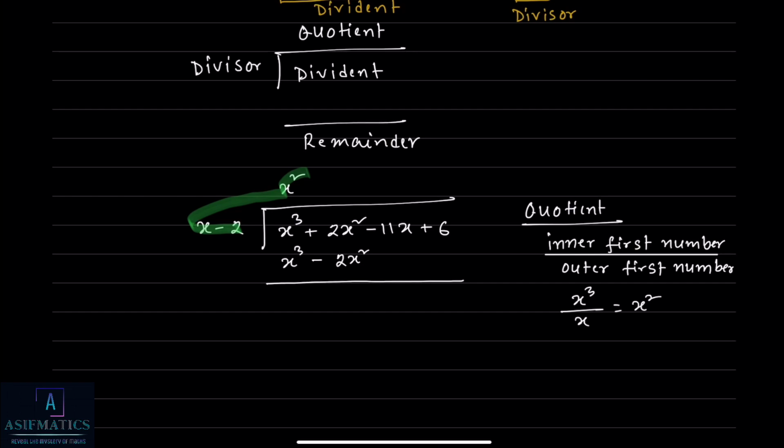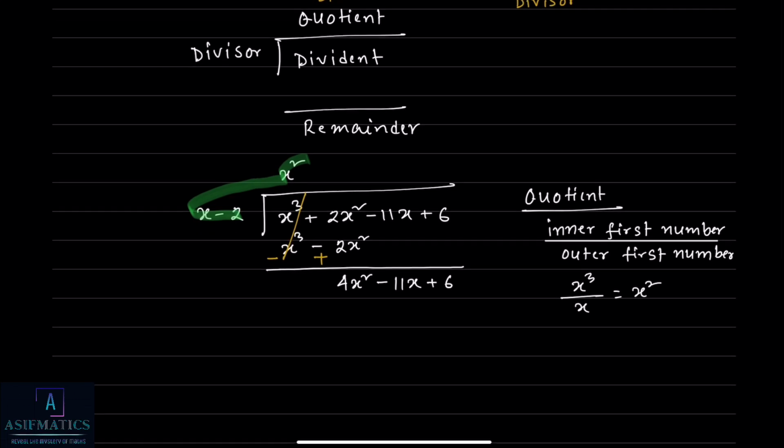So we change the signs: positive becomes negative and negative becomes positive. Now we cancel it down, so the first one is done. Now we write what is left: 2x squared minus 2x squared... that is, 2x squared plus 2x squared is 4x squared, minus 11x, plus 6. So the first part is done.